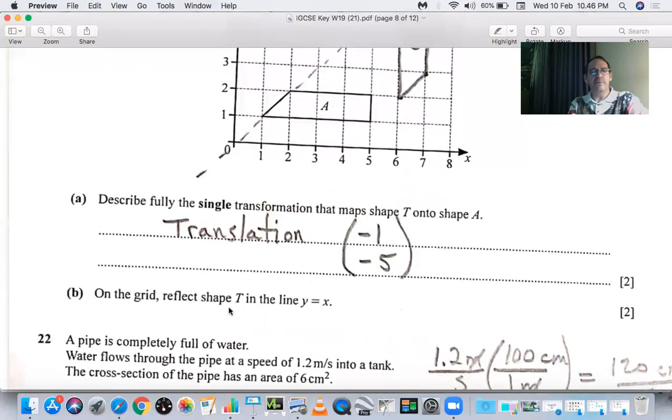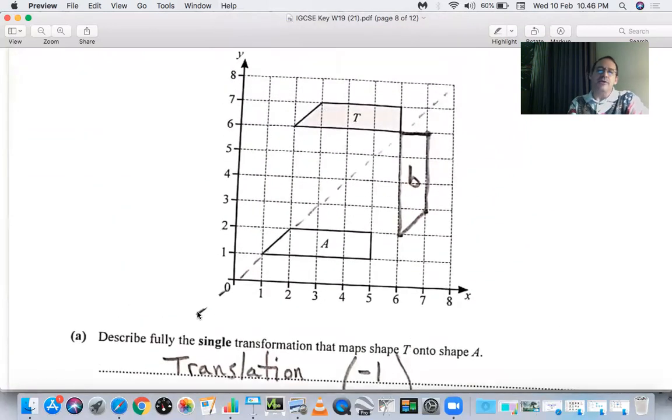Then on the grid, reflect shape T in the line y equals x. So I put my line y equals x in here. Notice y equals x crosses at the origin with a slope of up 1/1. So this dotted line represents the y equals x. And you're going to reflect this over this line of symmetry.